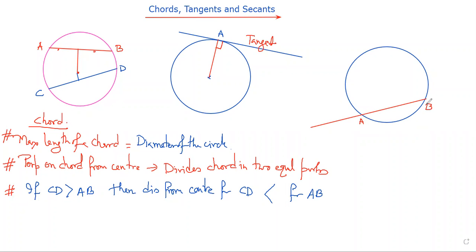This is the part within the circle, so it is a chord. But if it is started from the point P, then it is considered as PAB, a secant. So these are the three types of line I can find on a circle. It has been drawn. Now we will go with some properties related to them.